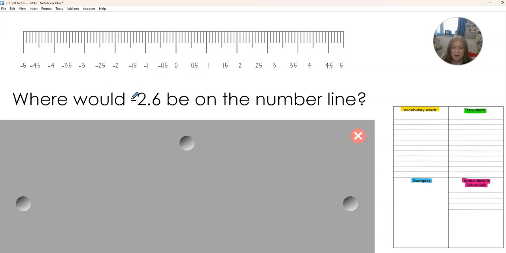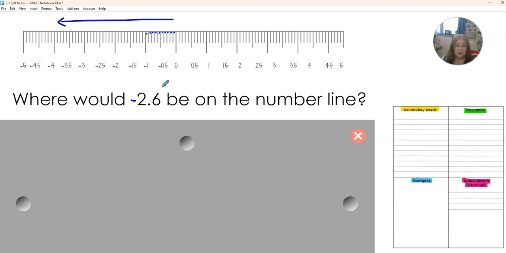Okay, so we're going to identify where -2.6 would be on this number line. So we know it has to go backwards because it's negative, and it has to be in the twos. So if we're looking here, so here's a half, here's 1, 1.5, so these are all negatives. Here's -2, but then I don't want to count 6 this way, right? So if I'm looking here from 0 to -1, there are 1, 2, 3, 4, 5, 6, 7, 8, 9, 10 spaces between 0 and the whole number, between 1 and 2.